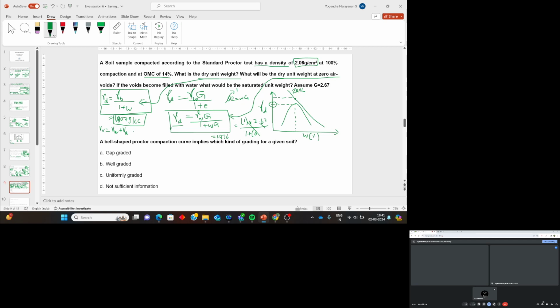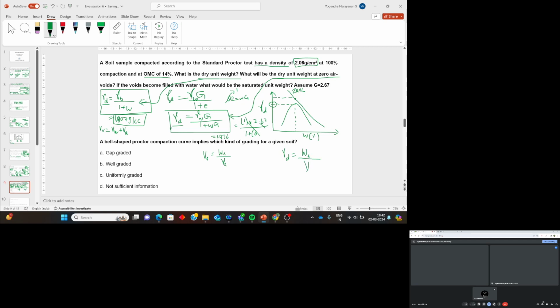Now, what will remain constant? Vs will remain constant. Volume of solids is weight of solids by density of solids. Gamma dry is weight of solids by total volume.